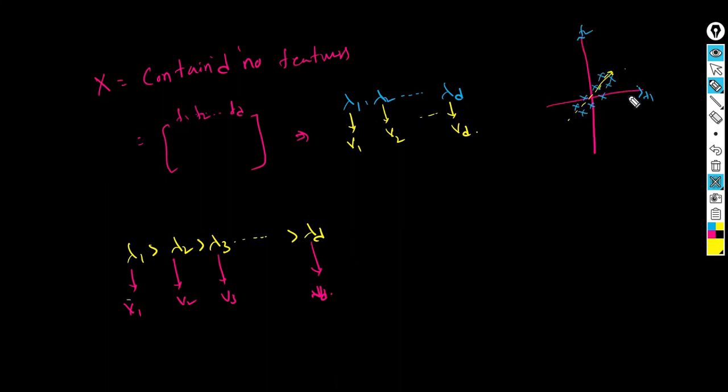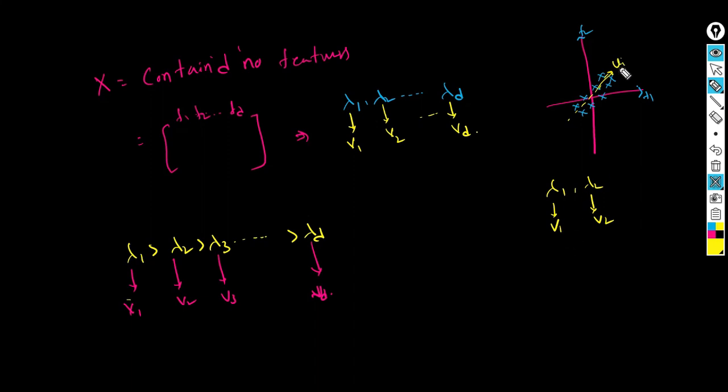Suppose our data is like this, f1 and f2, a two-dimensional data, and we have to get this unit vector. Because it is two-dimensional data, we will get lambda 1, lambda 2, and for these two lambda values we will get the eigenvectors v1 and v2.